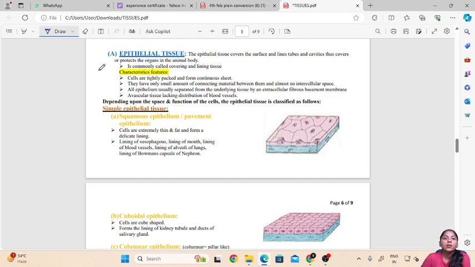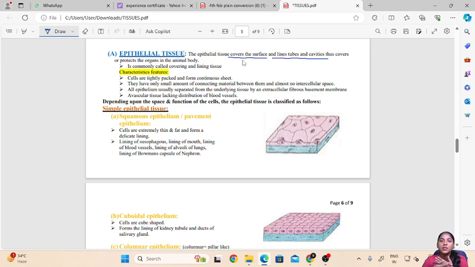Let us read. Epithelial tissue covers the surface and lines various tubes and cavities in the animal body or the human body. Then it is commonly called covering and lining tissue. The characteristic is that the cells are tightly packed.